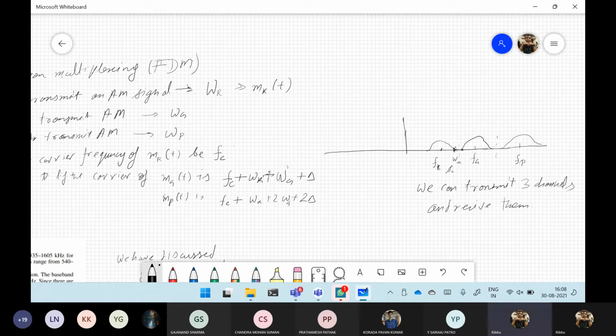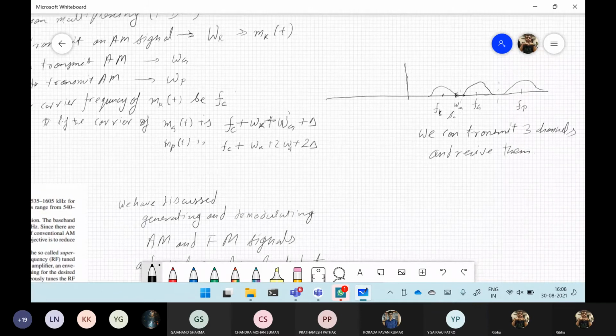This is called frequency division multiplexing, FDM. And this is used in all your radios. All radios means broadcast radio.